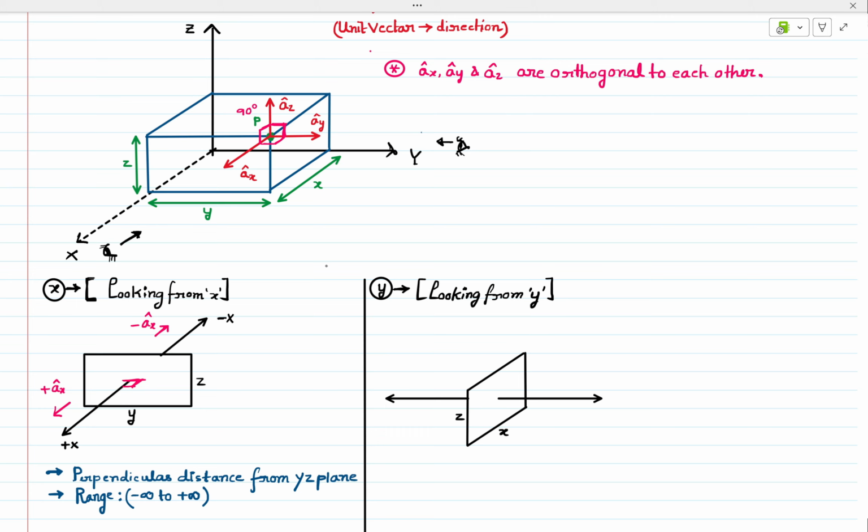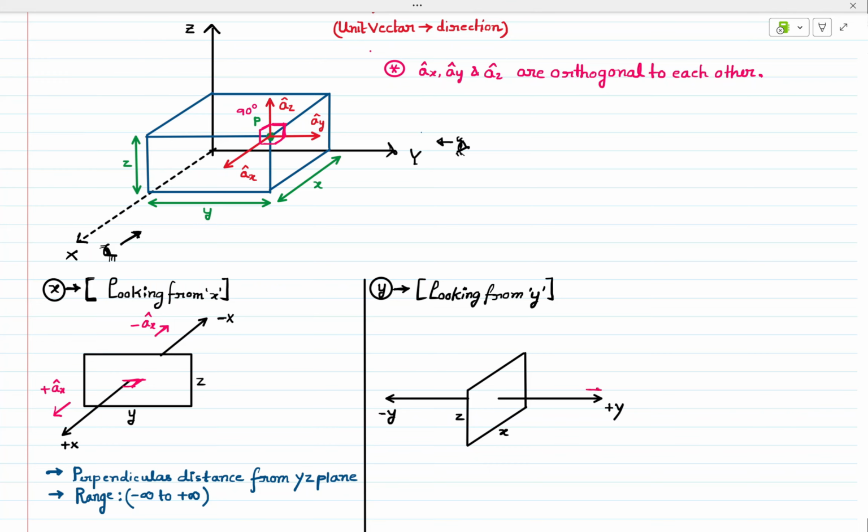What is this? This is the y, and starting from this y means this is the plus y. Whatever I have shown in the above three-dimensional vector space diagram, according to that, this is the plus y, and this is the minus y.